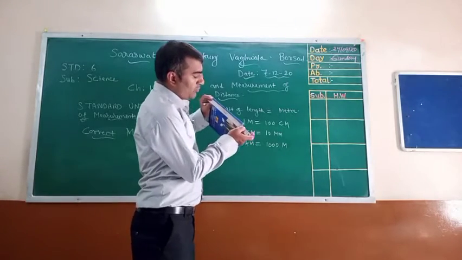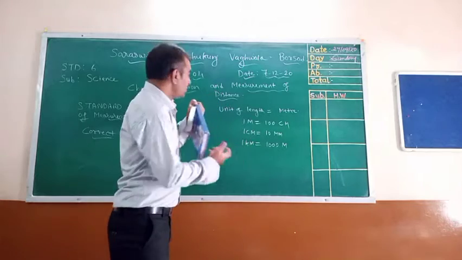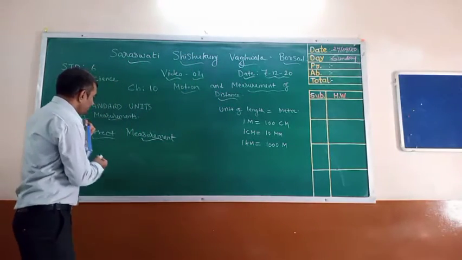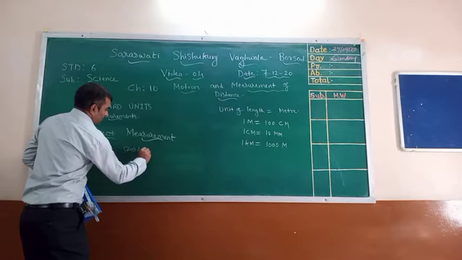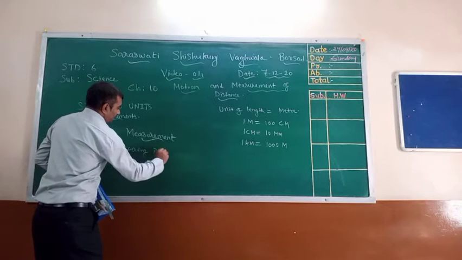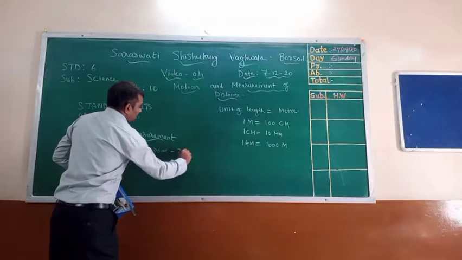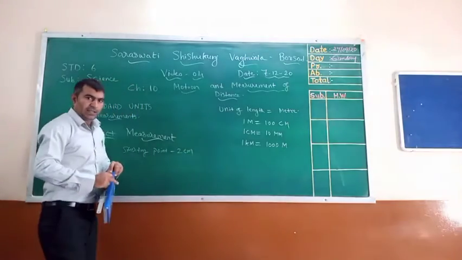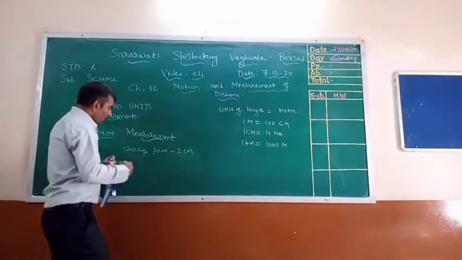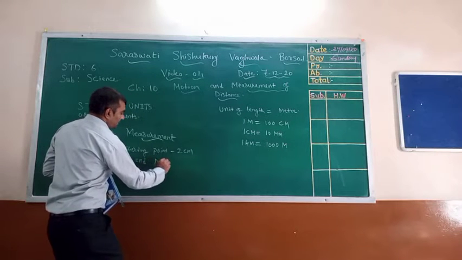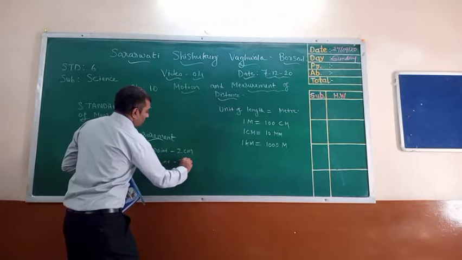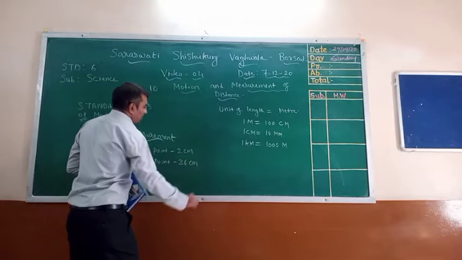If it starts from 2 and ends at 26, the starting point is 2 centimeter on the scale and the end point is 26 centimeter.